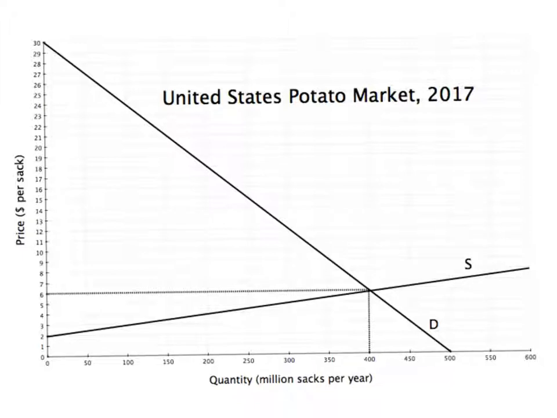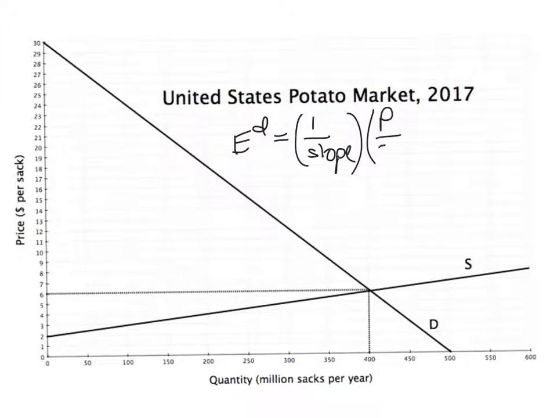All right, so the elasticity of demand, remember the point slope formula, is 1 over the slope times price over quantity. And that turns out to be, let's see, the slope of this demand curve, we can just take rise over run for the slope.